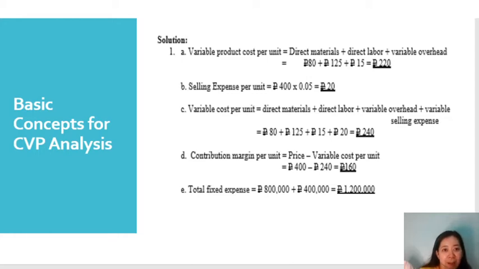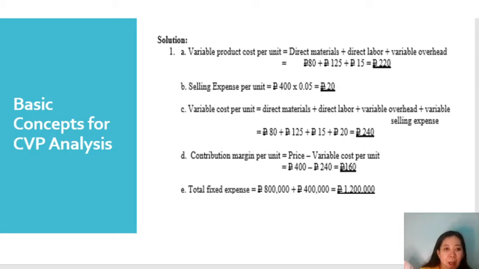Meaning to say, here we will determine the overall or the total cost per unit. So what you're going to do is add the variable product cost per unit with the selling expense per unit.